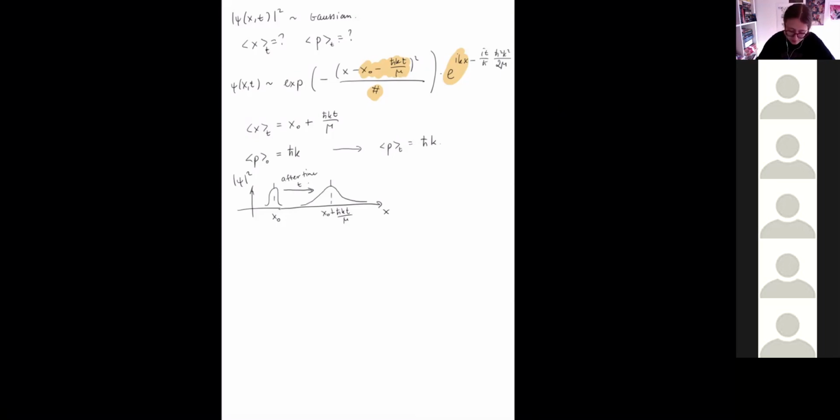Okay, so let's now go to the second exercise, which introduces two notions of velocity for a wave packet, which are phase and group velocities.